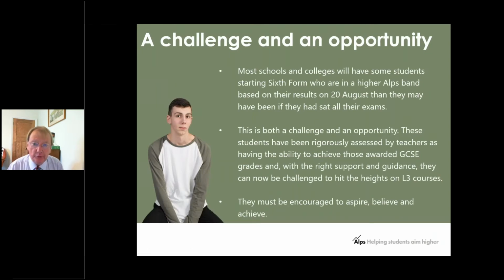I also think it's worth harking back to the fact that some young people in your sixth form have probably got a higher average GCSE score that may have placed them in a higher Alps band based on the results that essentially were your CAGs than they would have achieved if they'd sat all their exams.